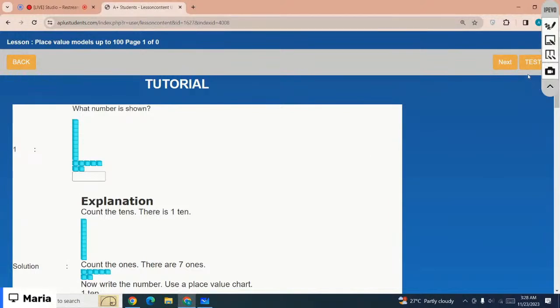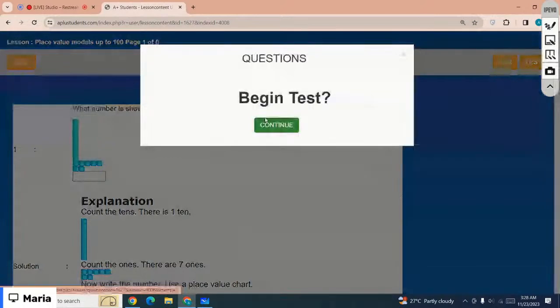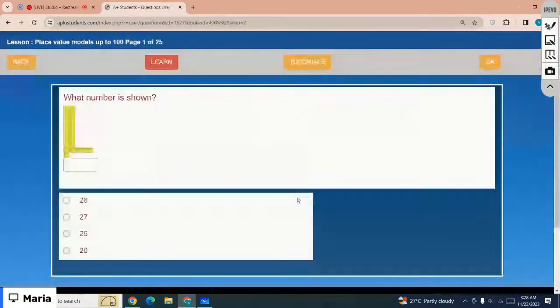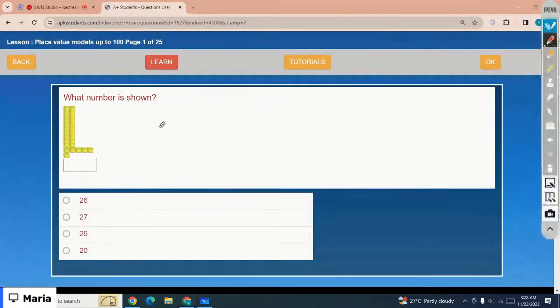Let's just start with the test questions. Okay, which number is shown? So, which is the correct option? You can see you have two lines that have 10 small blocks, right? So, they make two tens and one, two, three, four, five, six.